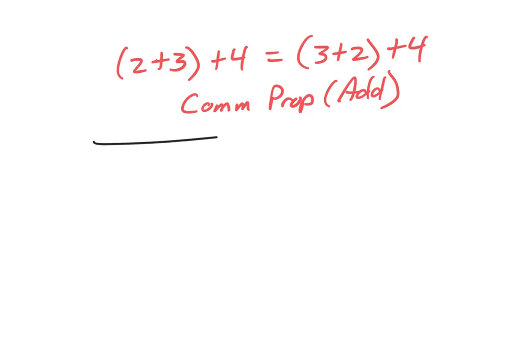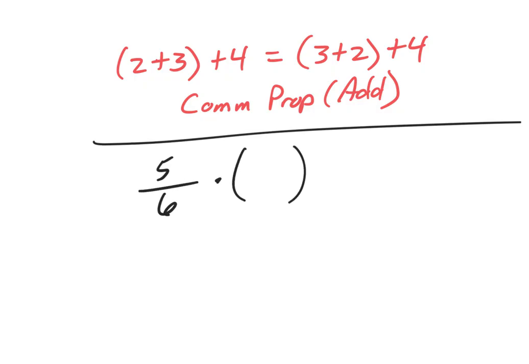What if we looked at it like this. If I had a fraction, okay, what could I multiply by a fraction to make 1? Any ideas? Okay, so if I did 1 over 1, what would 1 over 1 really be? 1.